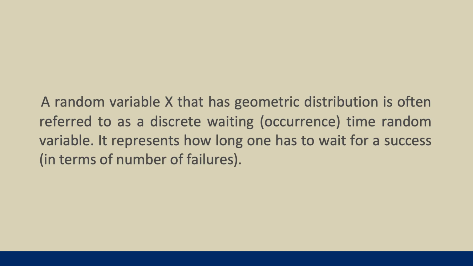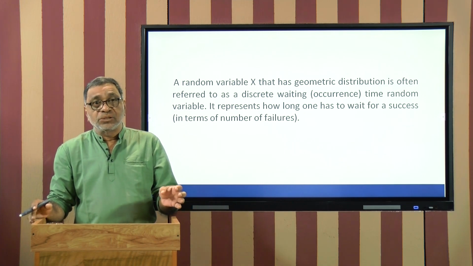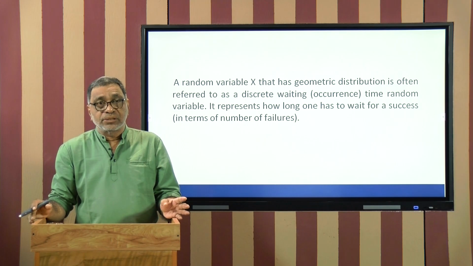A random variable that has a geometric distribution is often referred to as a discrete waiting time random variable because it represents how long one has to wait for a success in terms of failures. Suppose we are defining x as the number of failures preceding the first success.